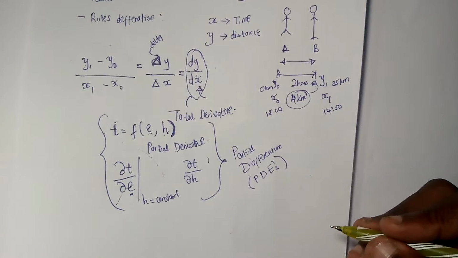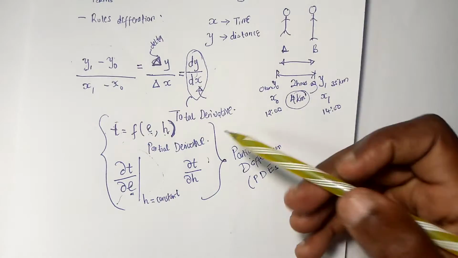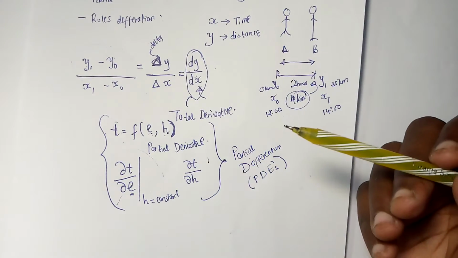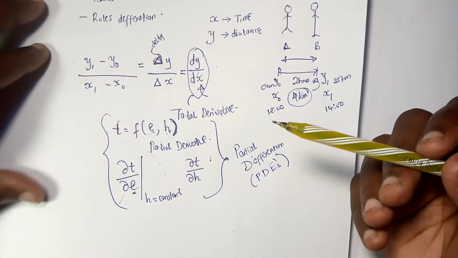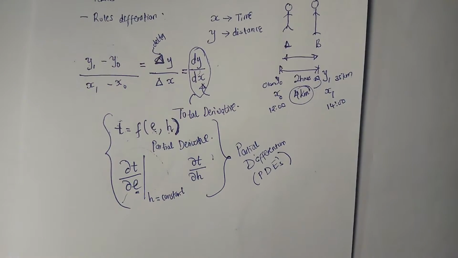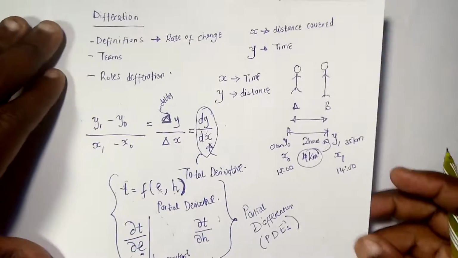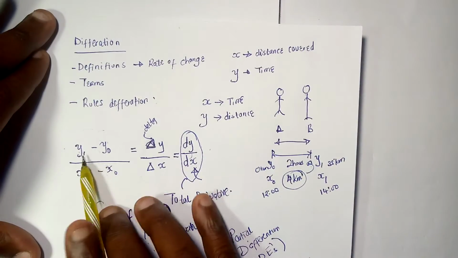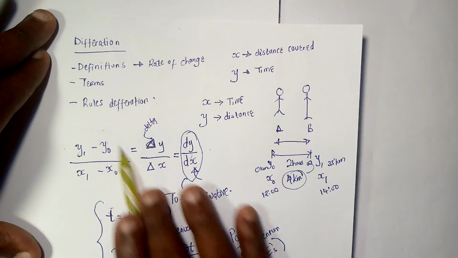But they use the same principles as these total derivatives. So it is best if you can understand how total derivatives occur, and the concept of the rules of differentiation, everything just the same, all right? Now, coming back to this one.